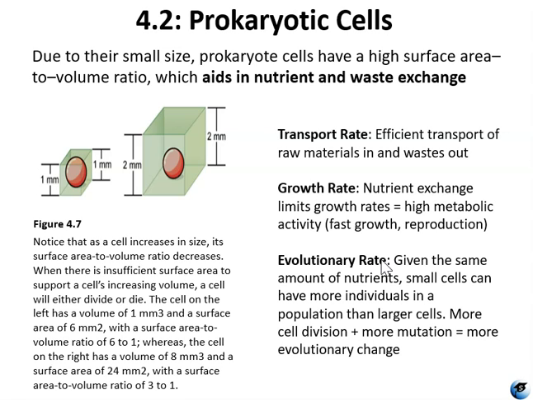Evolutionary rate is the amount of evolutionary change over time. So, given the same amount of nutrients, small cells can have more individuals in a population than larger cells can. So, smaller cells undergo more cell division, more mutation, and therefore more evolutionary change. And in this way, prokaryotic cells have an evolutionary advantage over eukaryotic cells due to their small size.